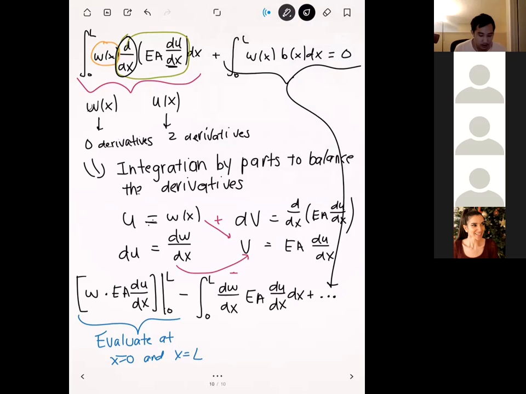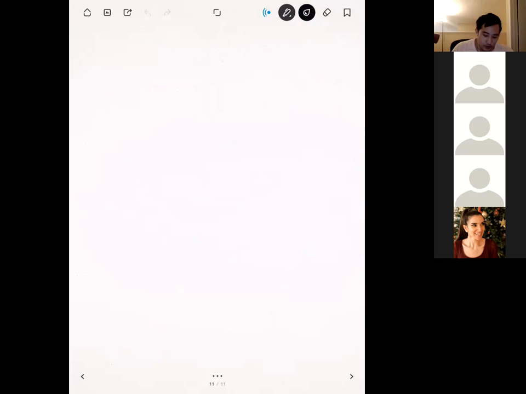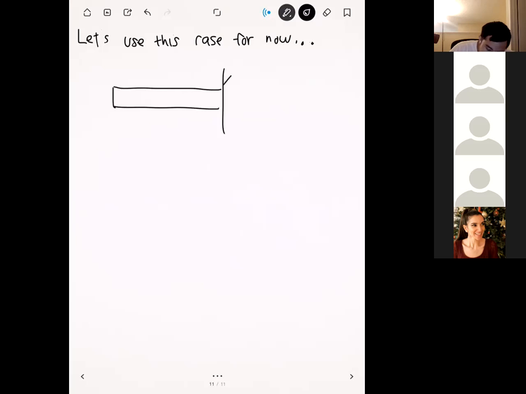This is just a methods kind of derivation. And so for now, let's use this case, just so that we have something concrete to plug in for the boundary conditions. Let's use the case where we had a traction boundary condition at x is equal to 0 and a fixed constraint at x is equal to L.